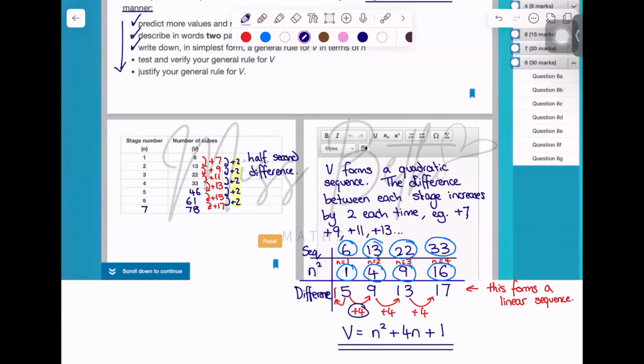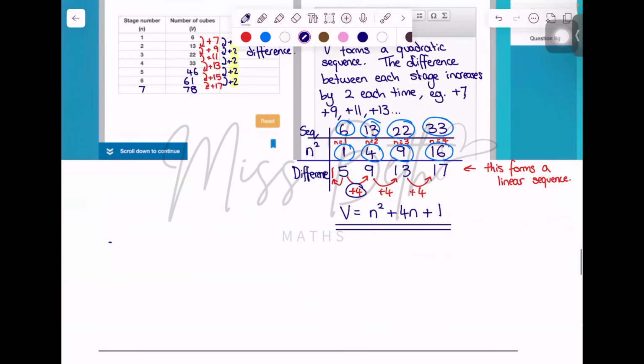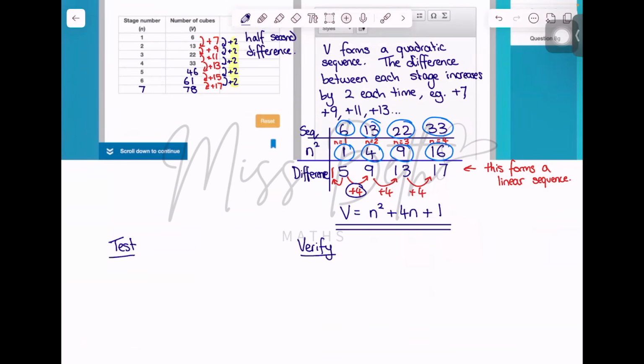Okay, next part wants us to test and verify our general rule. So really important in your answer that you make it clear what you're doing. So I would go as far as to give yourself a subheading in your answer. You can use the underline tool to underline, etc. Remember, for testing, you can use n values less than or equal to 4.